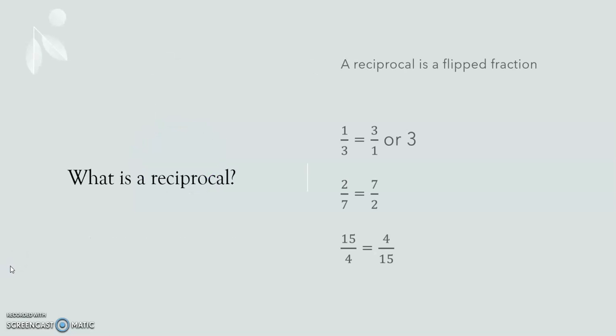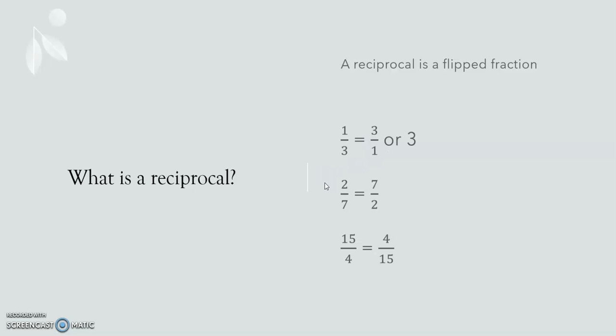The last thing we need to discuss is reciprocals, and you need to know what a reciprocal is. A reciprocal is just a flipped fraction. So here we have a couple examples. 1/3, your flip of that would be 3 over 1. And since 3 over 1 is a whole number, you don't need to keep that over 1, you can just say 3.